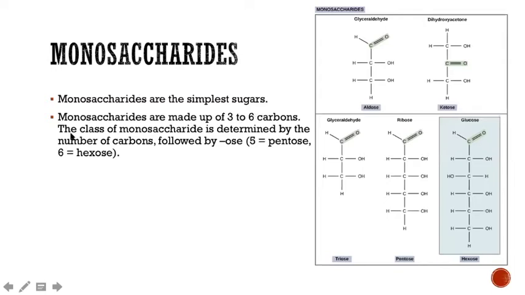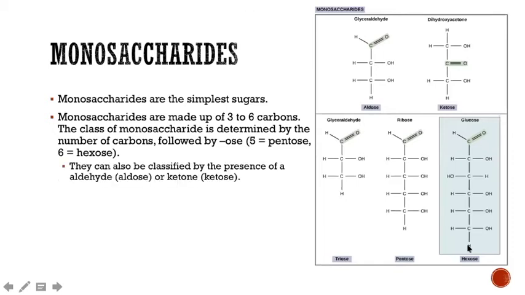The class of monosaccharide is determined by the number of carbons followed by -ose. Those with 5 carbons are called pentoses, and those with 6 are hexoses. They're also defined by the presence of either an aldehyde, which would be an aldose, or a ketone, which would be a ketose. The carbons in a monosaccharide are always numbered starting at the aldehyde.